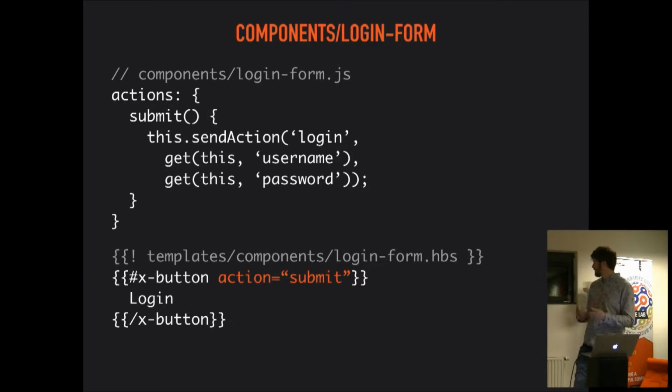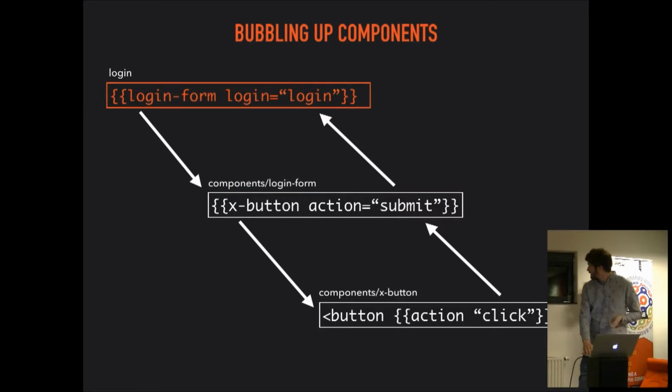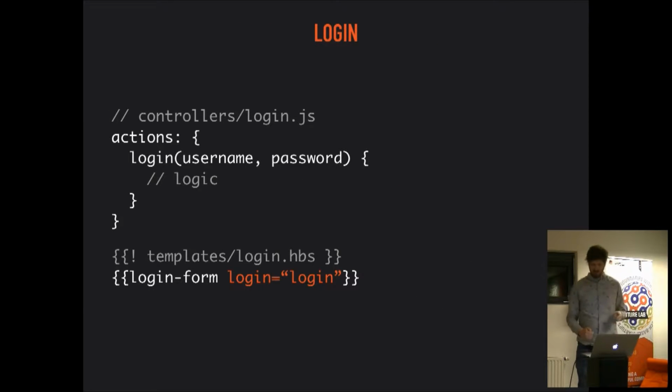I have said if you want to send me the action, then call submit. So we'll call submit, and in submit we call send action with the username and password. And then we'll bubble up again, and then finally we said handle the login action with the login function, and then we're finally there.